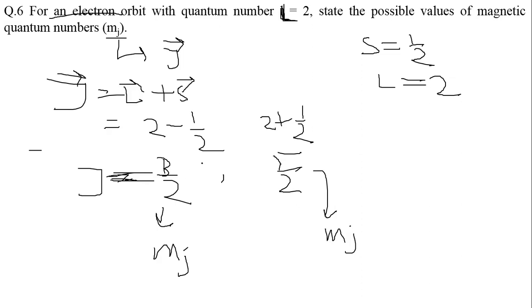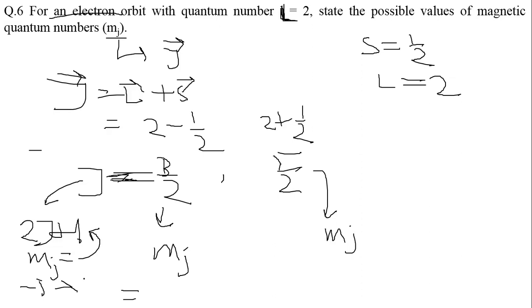Then can you tell me, for j equal to 3 by 2, how many values of mj will be there? The number of mj values is 2j plus 1. So mj will be from minus j to plus j: minus 3 by 2, minus half, half, 3 by 2.